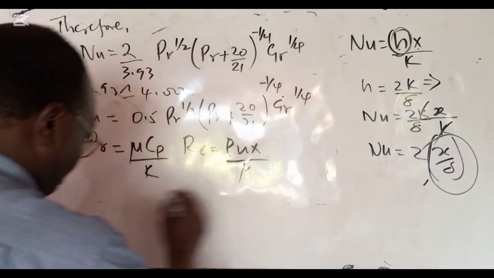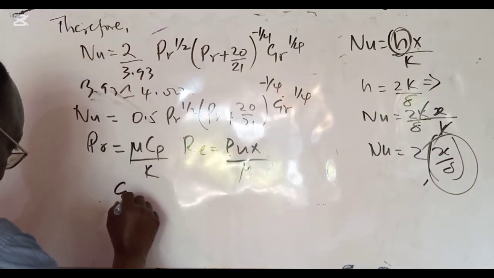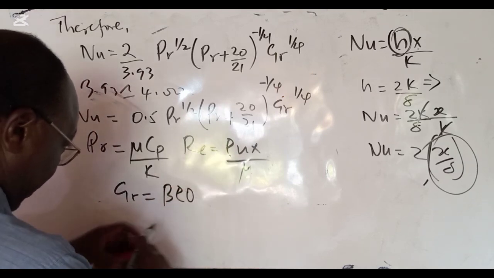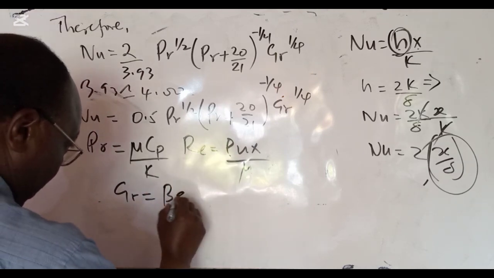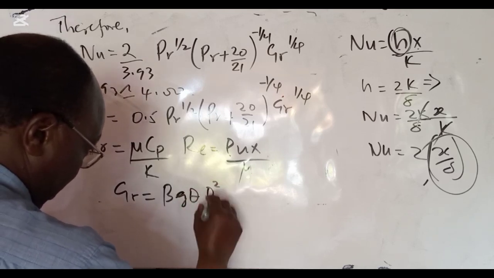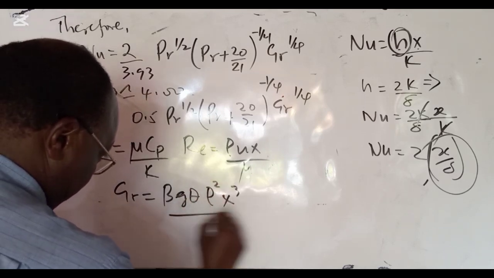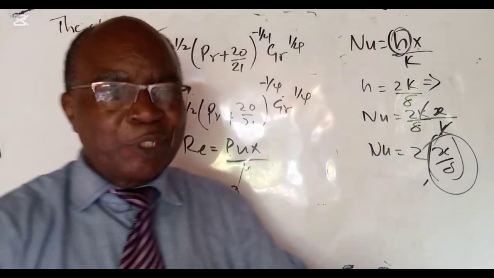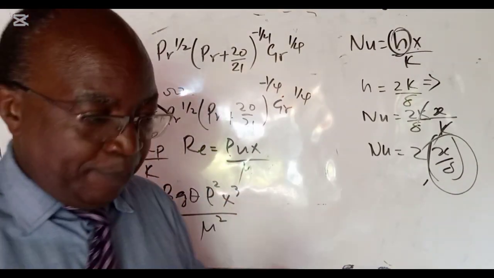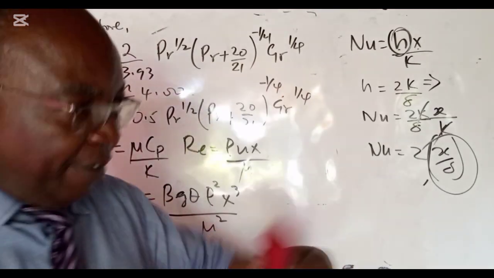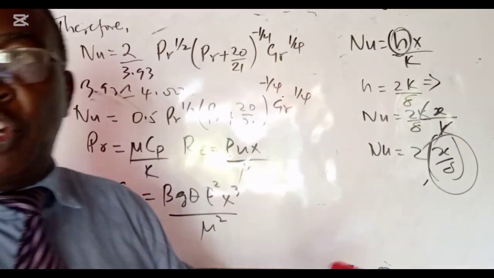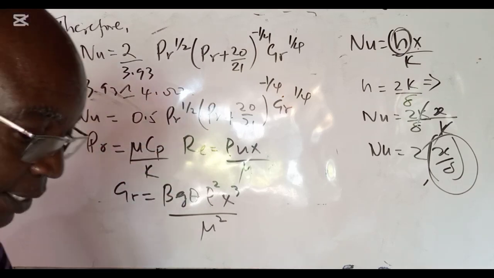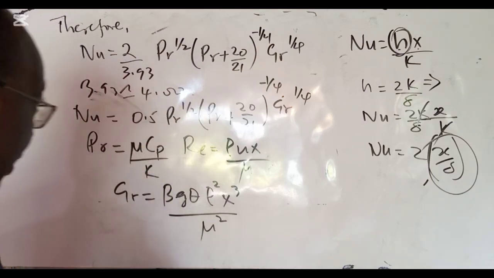And we know also, don't forget, the Grashof number, we have mu squared. These are important quantities which you need to always remember because you keep working with them, so you should be able to reference them on very short notice.